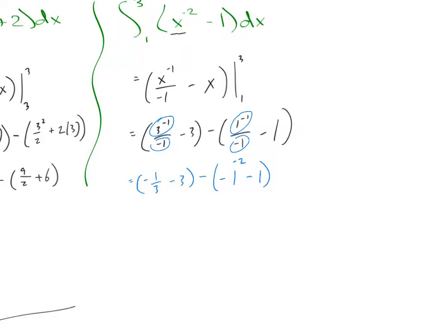And because I have my minus negative, that becomes addition. Okay, so we're almost done here. Negative a third minus 3 plus 2 is negative a third minus 1, which would be negative 1 and 1/3, or how about negative 4/3 for my answer on that one.